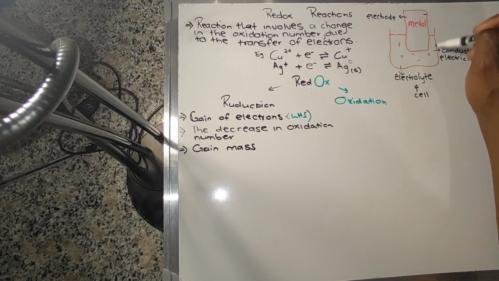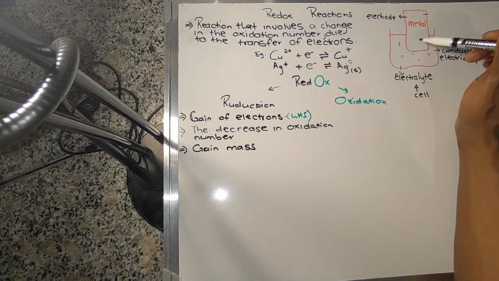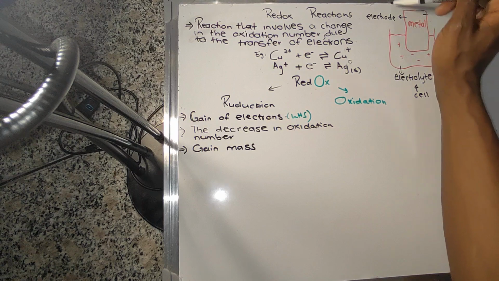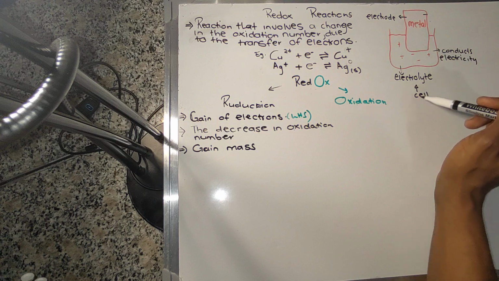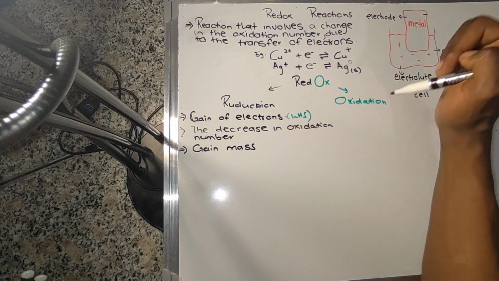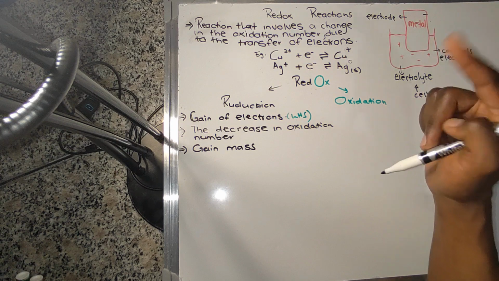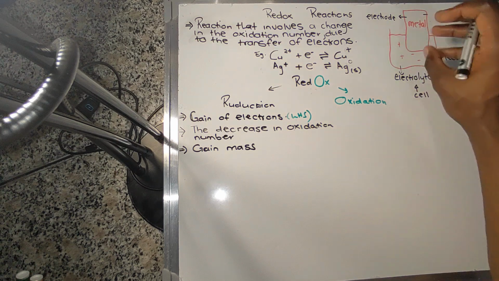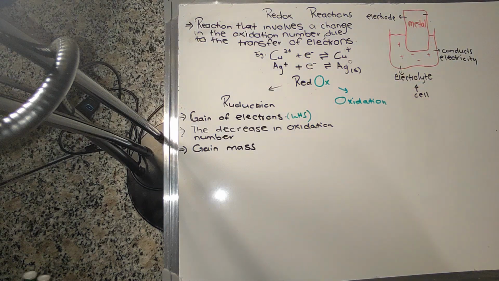A solution with ions will conduct electricity, will allow electricity to pass through, and we call it an electrolyte. So in an electrolyte, we put a metal known as an electrode. The whole setup is called a half cell because we have one electrode. But if there are 2 electrodes in this solution, then it's a full cell as such.